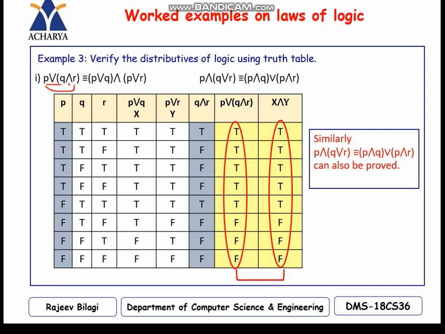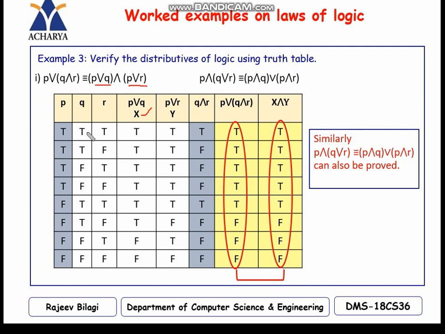So this is how you are going to remember these laws. Okay, so now since there are three different variables, P, Q, R, I have written all the truth values. The first thing I need to find out is P or Q and P or R. I will name those X and Y.